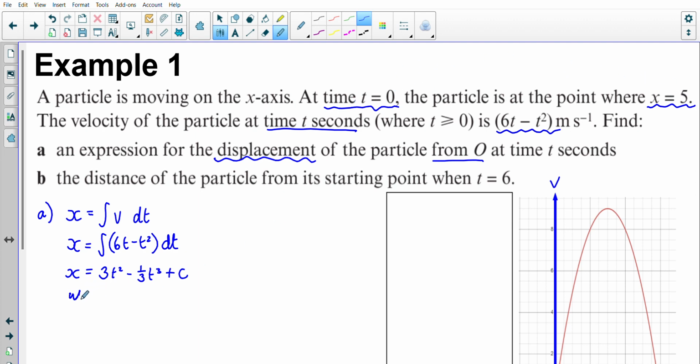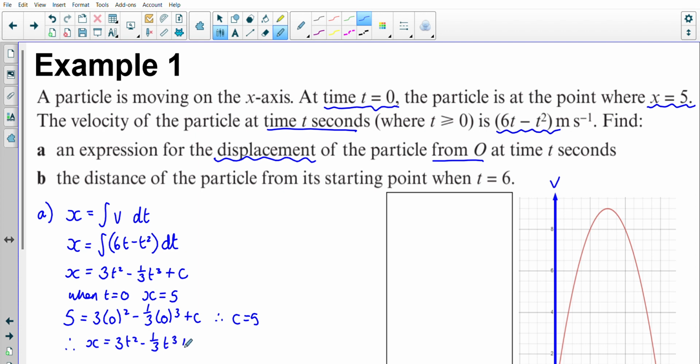So I'll put that in. When t is 0, x is 5. So I will change those. Therefore c must be 5, because you can see those will go to 0, and then you'll be left with c equals 5. So an expression for the displacement I will just write now with a plus 5.